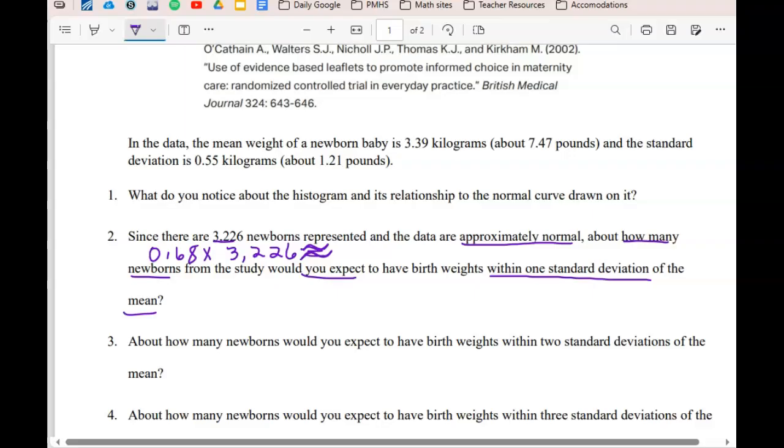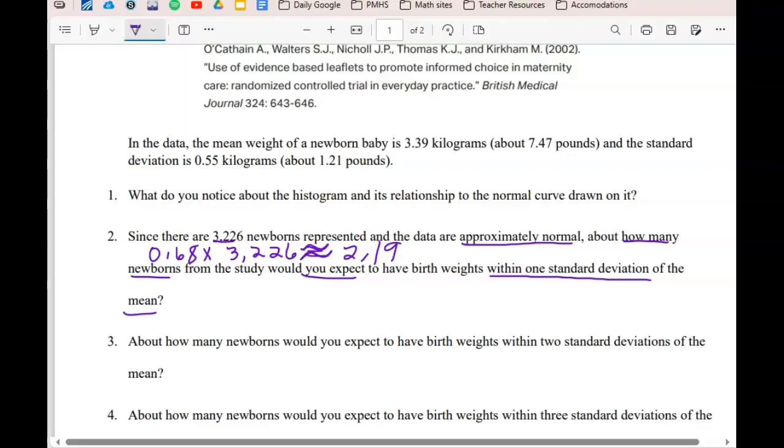Notice I'm going to put approximately because you have to have a whole number, so we're going to round. What is it? 2,193.68. Okay, we have to round. You can't have 0.68 of a newborn. It's a baby. 2,194. Is that rounding up or down? We have to round down.